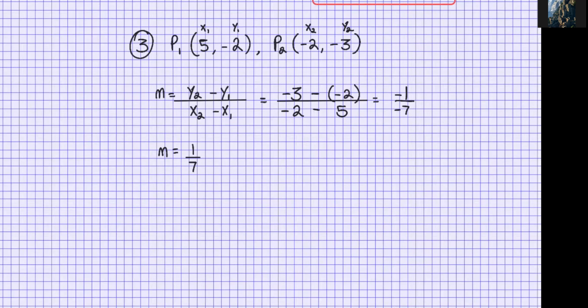Now, just exactly like in the previous problem, we are going to use this formula again. But we will just need now 1 point. Okay?